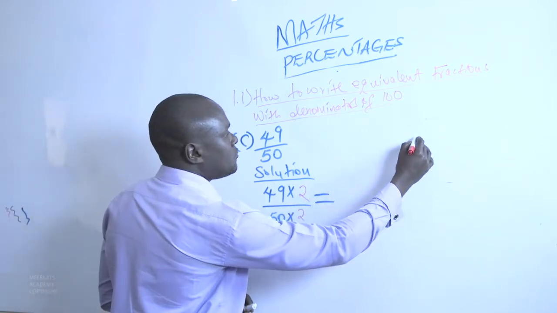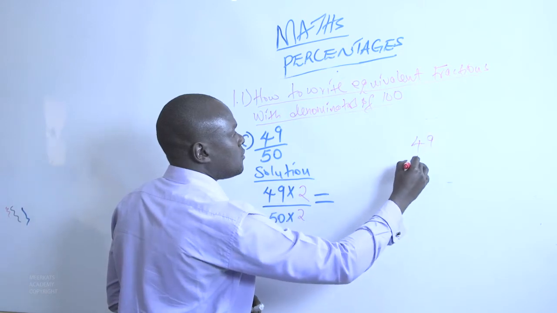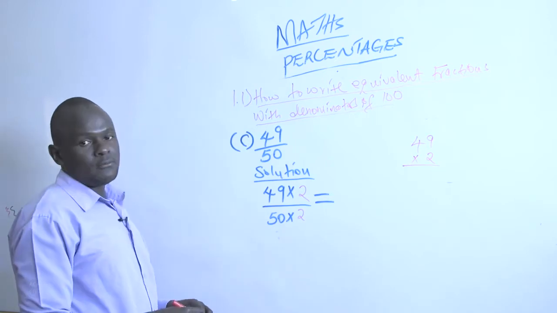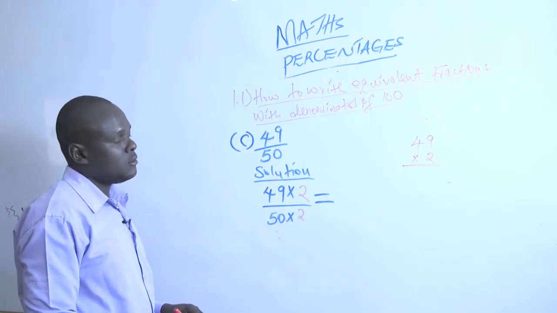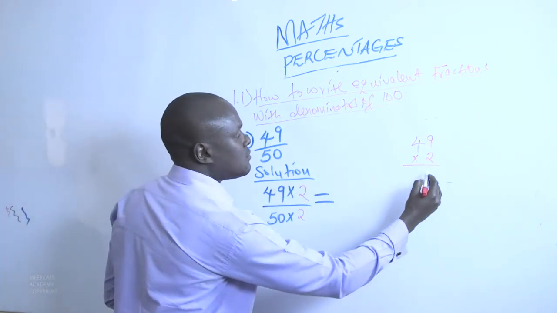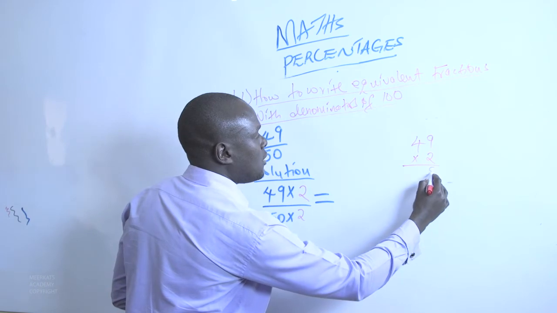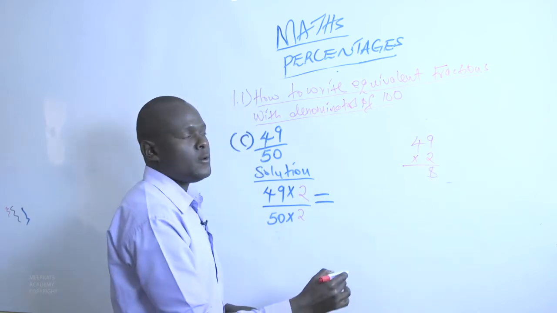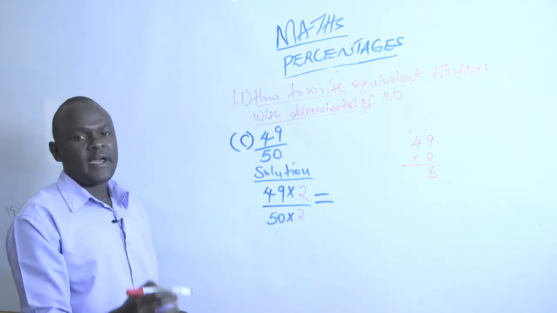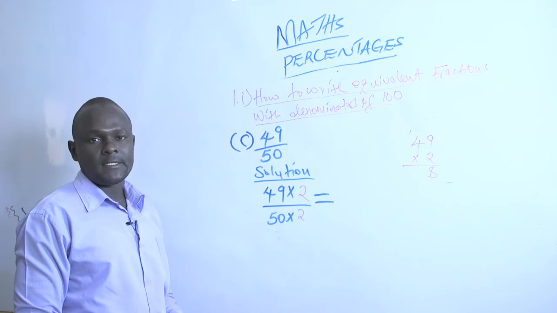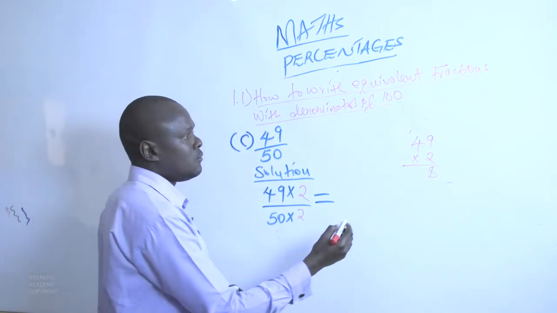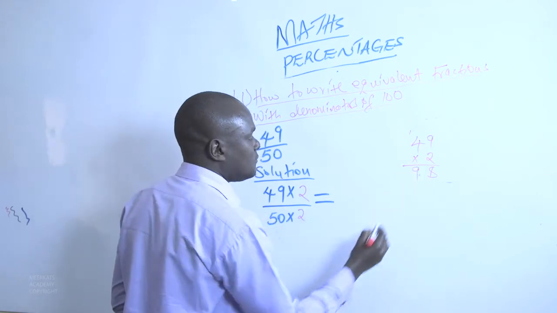49 multiplied by 2, we will arrange it in column form. 9 multiplied by 2 will give us 18, and we write 8. We carry 1. 4 multiplied by 2 will give us 8, plus the 1 that we had carried, it will give us 9.